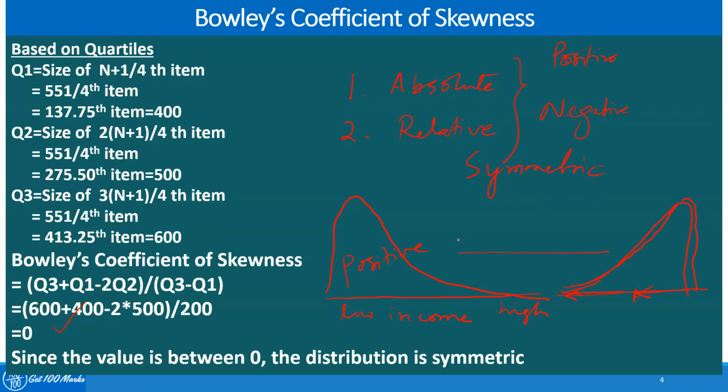And where it is absolutely normally distributed, that's called a symmetric distribution, where mean equals median equals mode. So to have a gist, what is the purpose of calculating skewness?